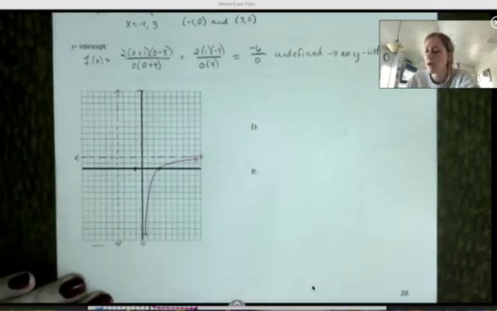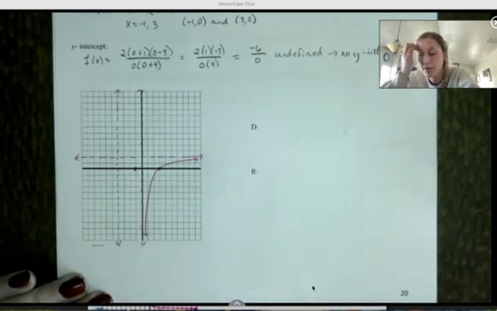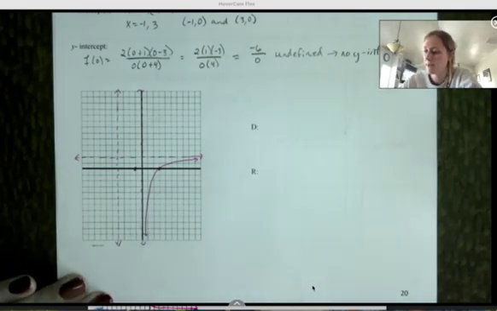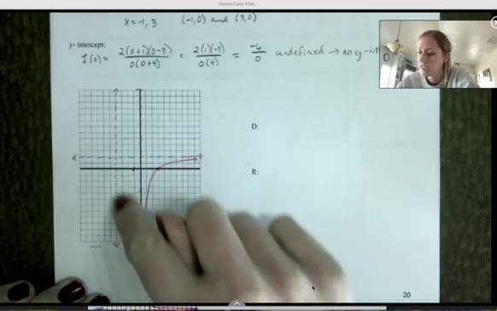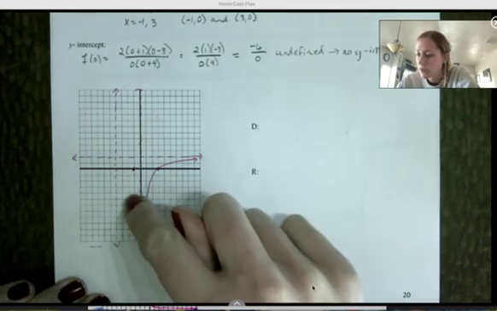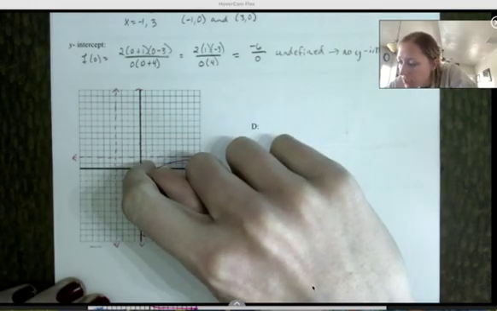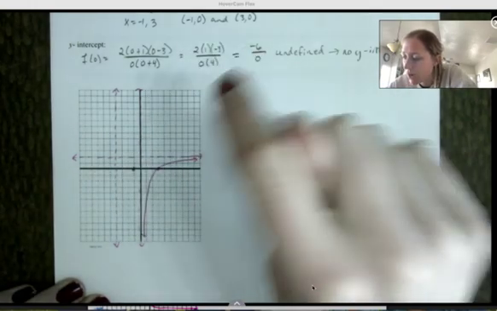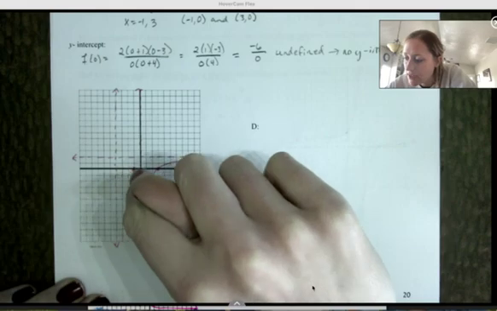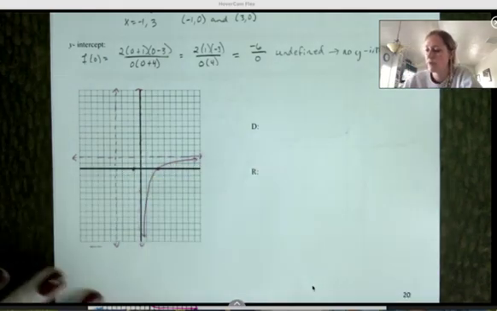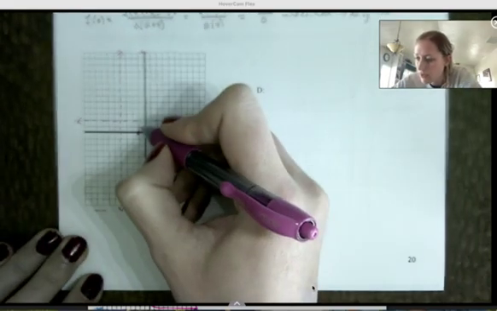So I'm going to use my original equation, and I'm going to plug in some values for x. So let's see, I need something here in the middle. Let's plug in 0.5 and -3. So I want to find, what is it doing here?